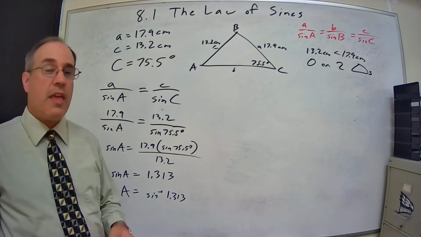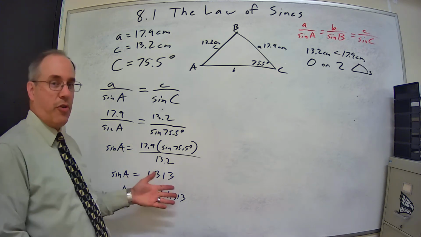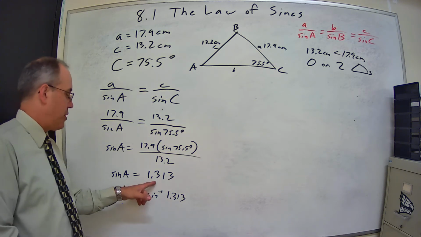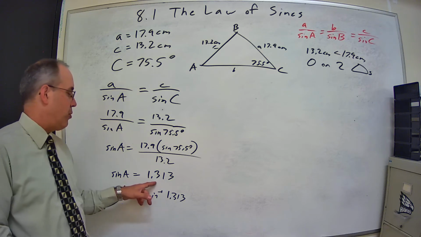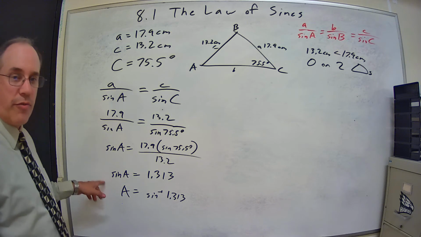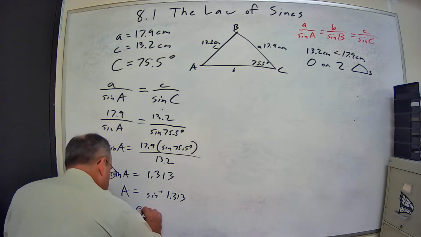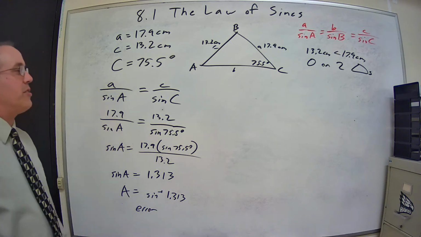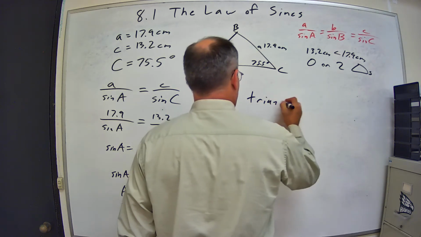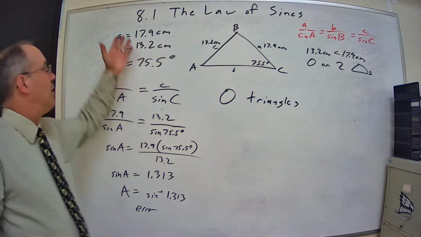Therefore, we've got to be in the first two quadrants, so the sine of A has to be between 0 and 1. You cannot have the sine of an angle equal to 1.313 unless you have a multiplier in the front, and we don't. So we get an error, which tells us there are no triangles that fit this information.